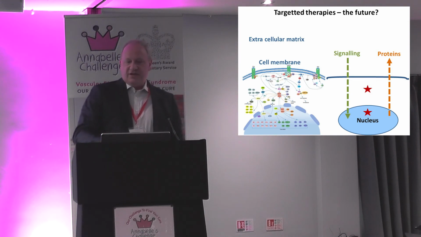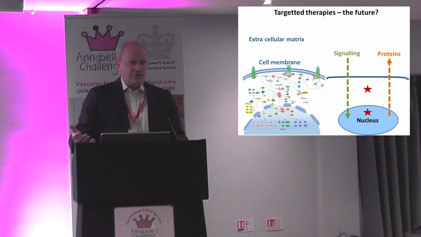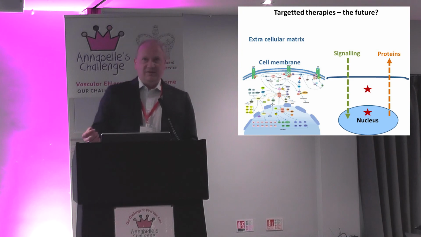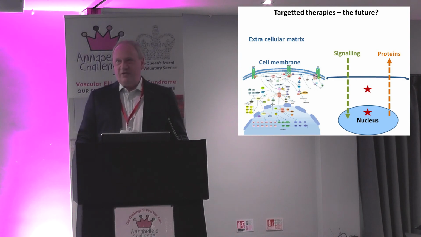And these two stars here represent where I see the future. We all need surgeons, and we're going to need them well into the future, but actually they're not the future. And we all need interventionists putting stents in, but that's probably not the future either.